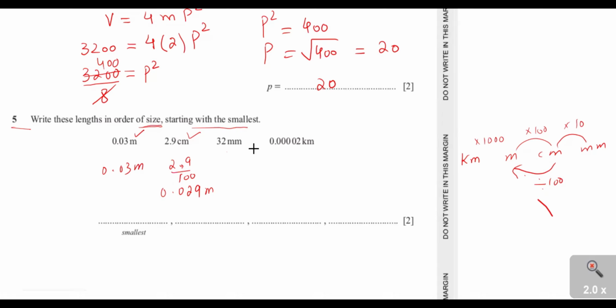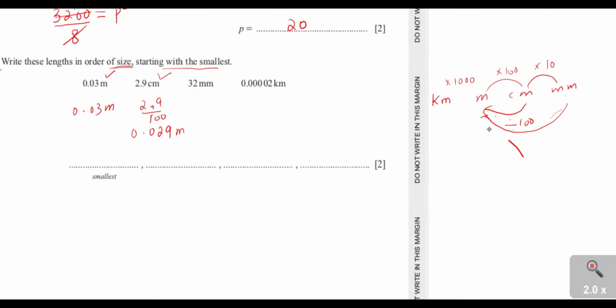Next is 32 millimeter. Look here, this is millimeter. When we convert millimeter into meter, we have to divide this value by 10 and 100, which means divided by 1000. We can write 32 over 1000, and this value becomes 0.032 meter, because when we divide 32.0 by 1000, the decimal shifts from right to left by 3 digits.